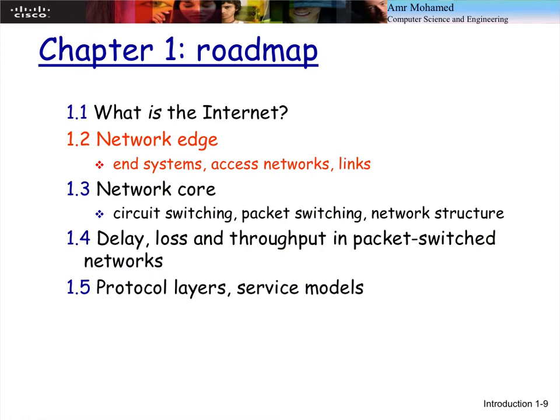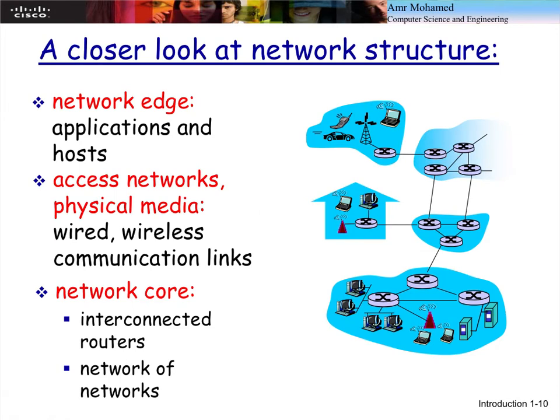Network edge. We didn't talk about this in Network 1, we didn't touch it that frequently, but by network edge I mean the first entry point of the network, which is composed of end devices, and these end devices share some access method to get access to the internet or to the network.